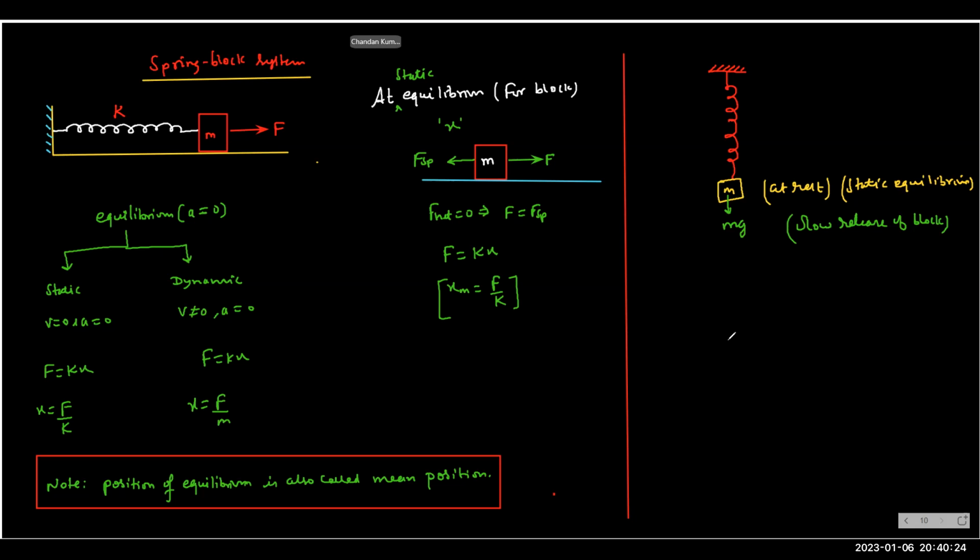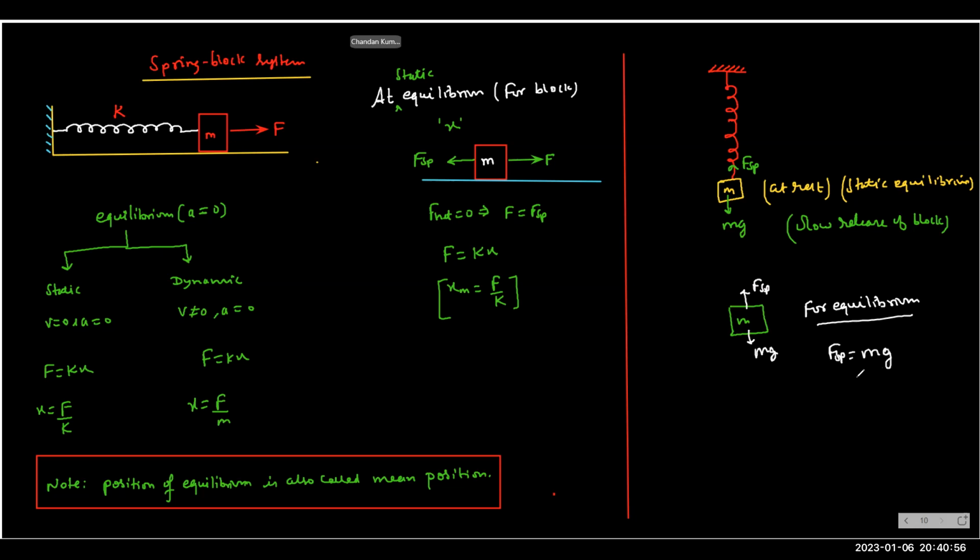And at equilibrium, at static equilibrium, which forces will balance each other? So the block will be under the action of two forces, one the spring force upward and the other gravity downward, right? And for equilibrium, these two forces must cancel out each other, isn't it? So can we write F_sp equals mg, guys?